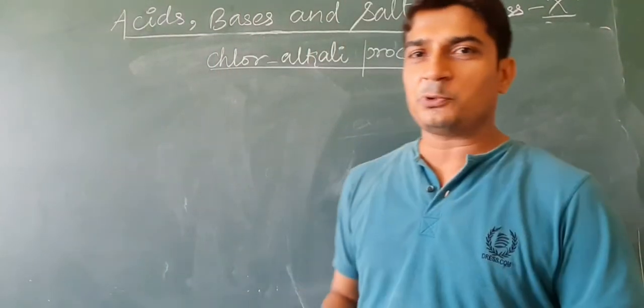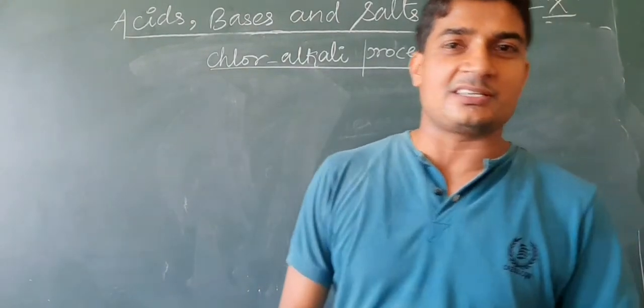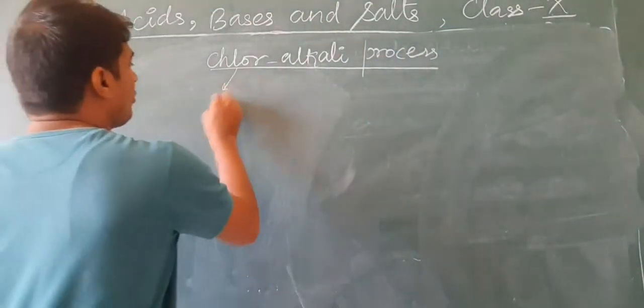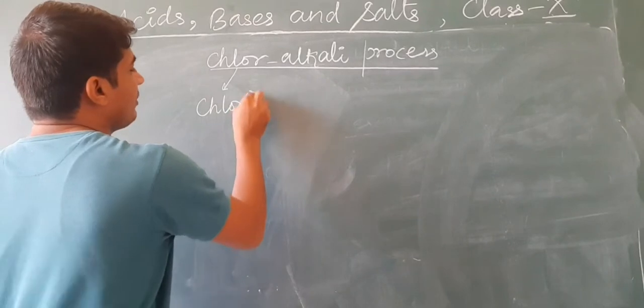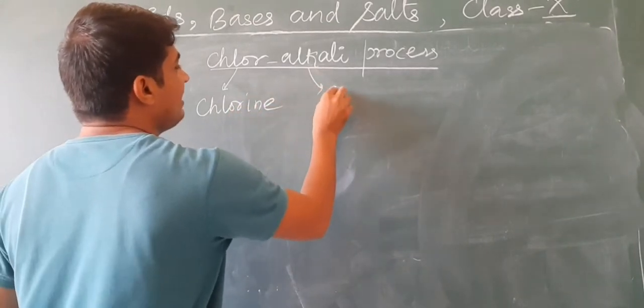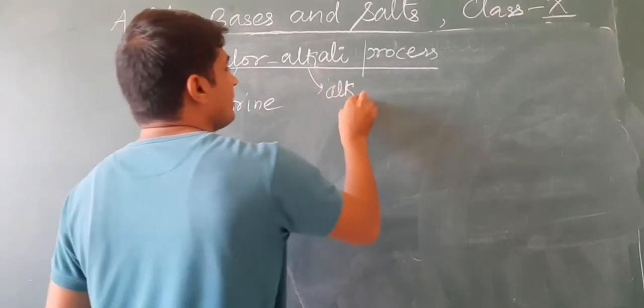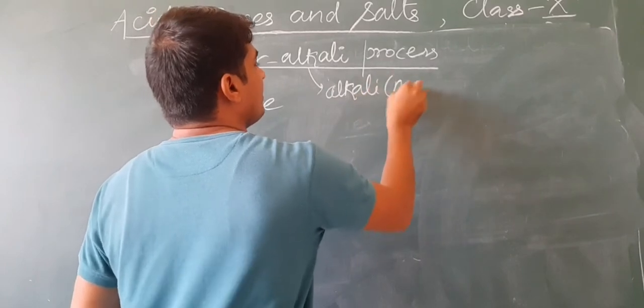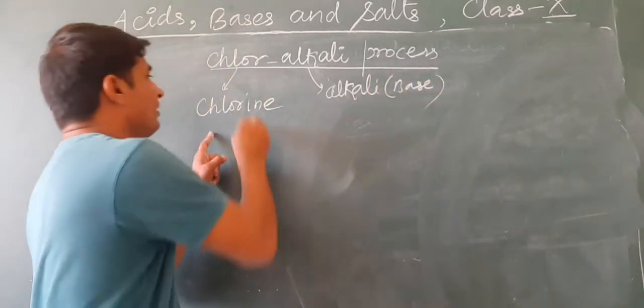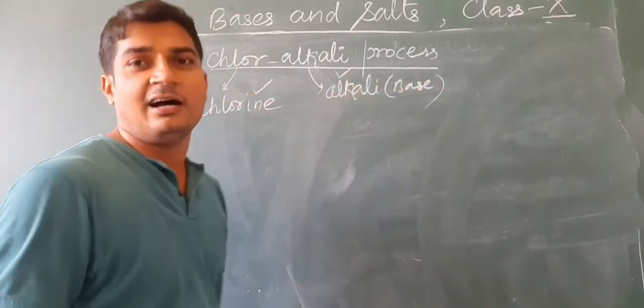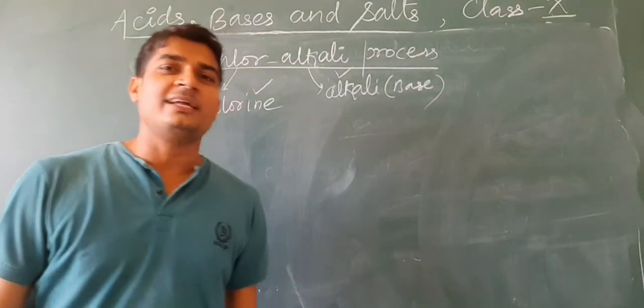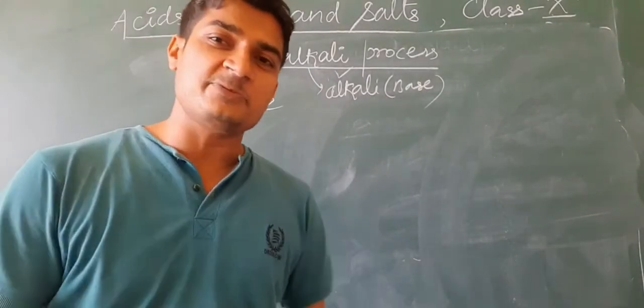Now, the chlor-alkali process: chlor is taken from chlorine and alkali is for base. So in this process, chlorine and alkali are produced. What is this process?